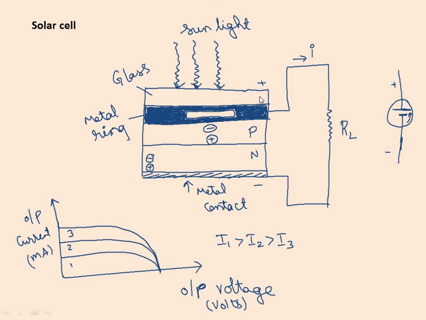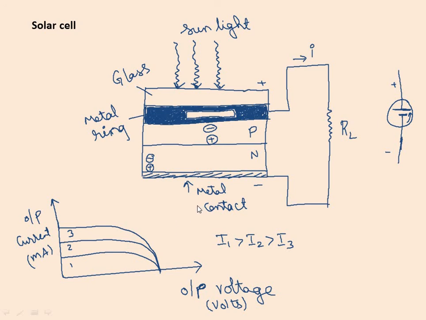Okay, are we clear with this? That was regarding solar cells. If you plot a graph between output current and output voltage, this is the graph. Have you seen this graph anywhere? Earlier we have plotted the same kind of graph. The problem with solar cells is that the output voltage is very small, so the devices need storage batteries.